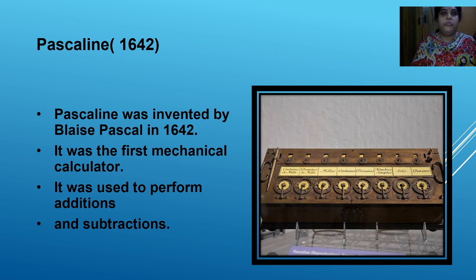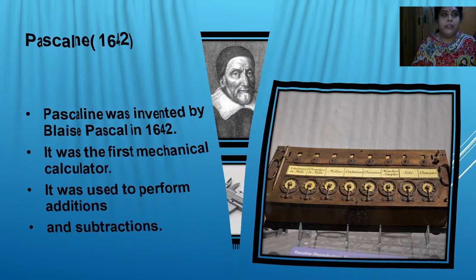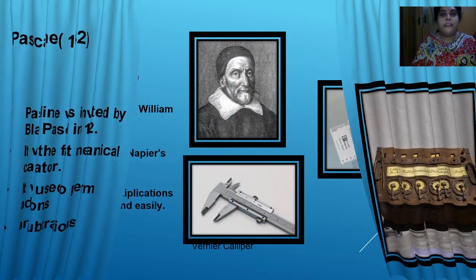If you observe here, you have these gears. These gears are something like the olden days phone dial, if you remember, where we were using trunk dialing. Like that the gears were rotated so that you could input the numbers.